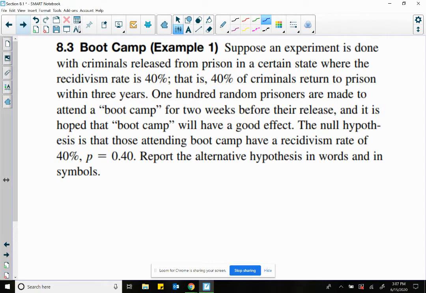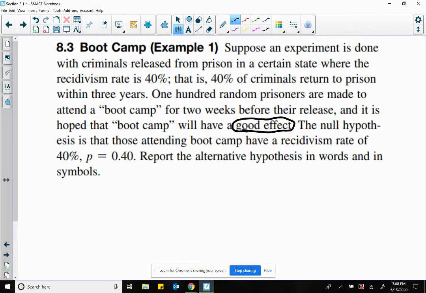That is, 40% of the criminals return to prison within 3 years, basically after being released. 100 random prisoners are made to attempt a boot camp for 2 weeks before their release. And it is hoped that the boot camp will have a good effect. This is important right there. Good effect.